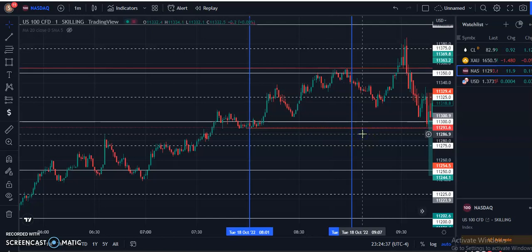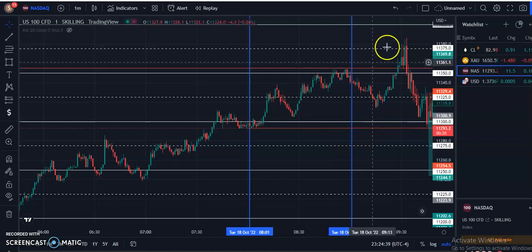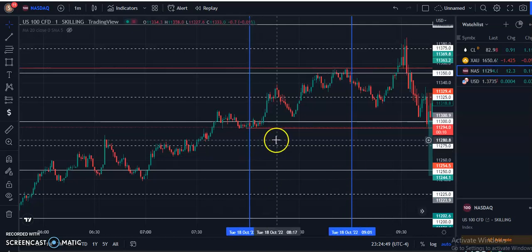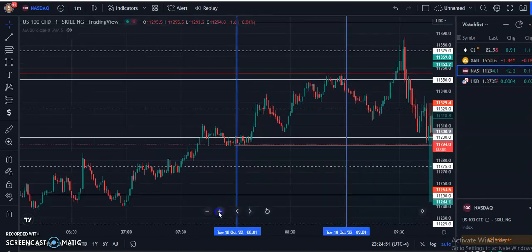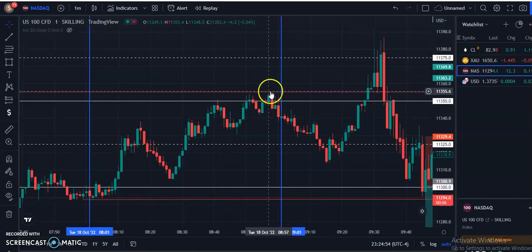Now, we remember we are selling high, buying low. That is the strategy. Selling high, buying low. Now, as you can see, the first hour sets the high of the session.